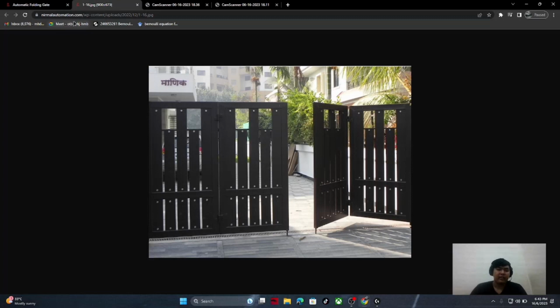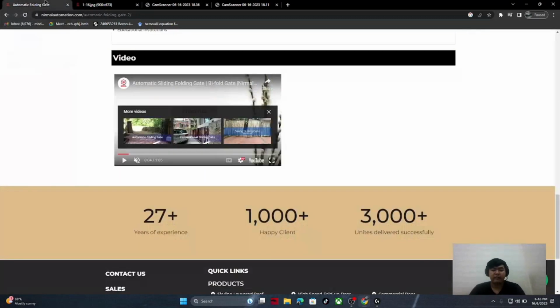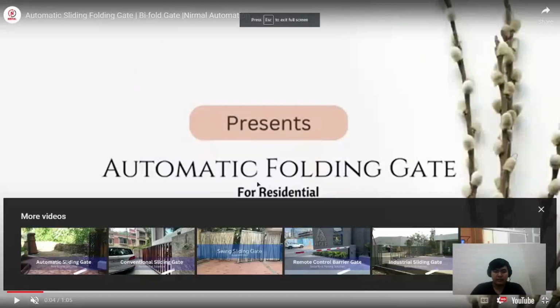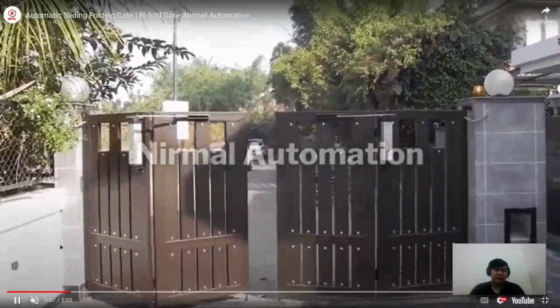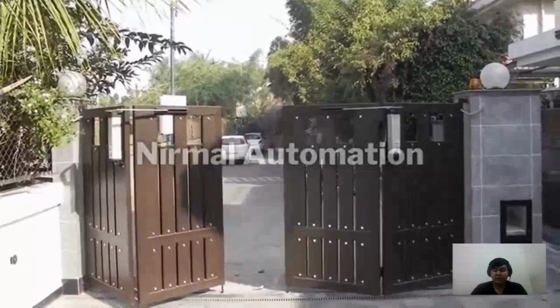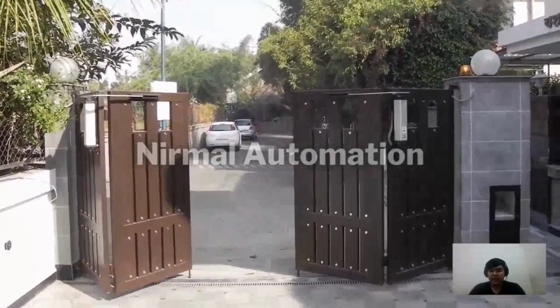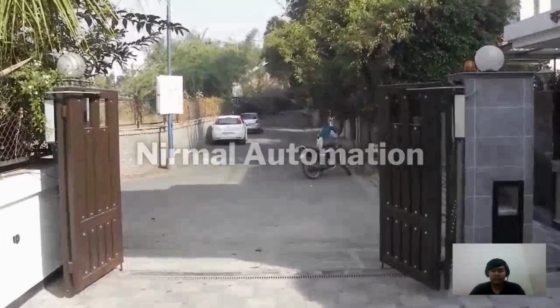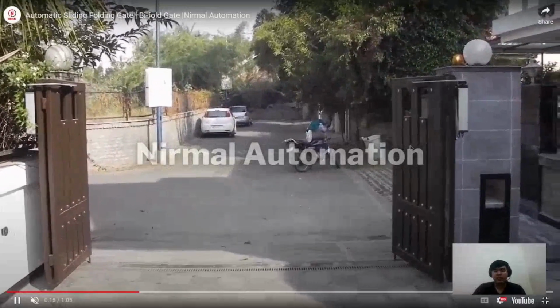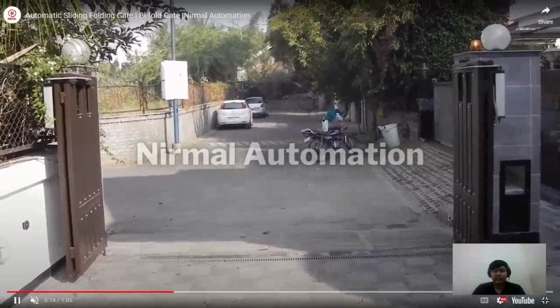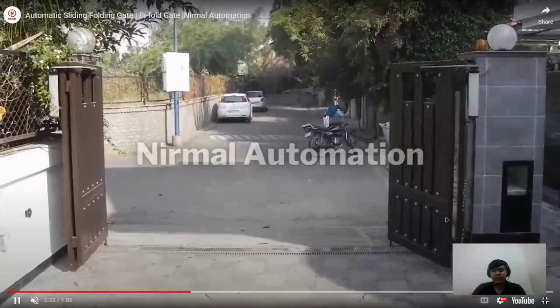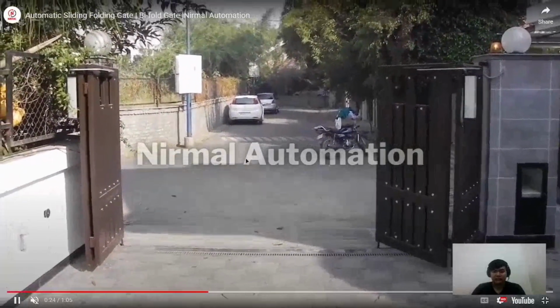And we also get the video of the folding gate, which is this one. This is the video of the folding gate that we get from Google. And on the website, we also get a description about the velocity of the piston that the gate is using, which is 20 millimeter per second.